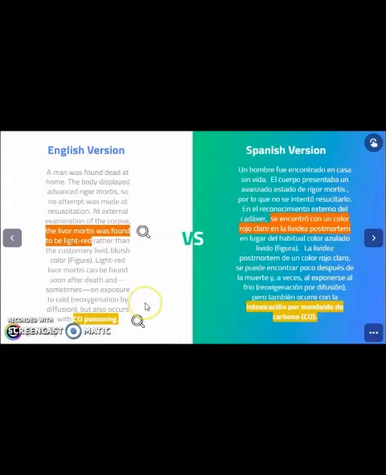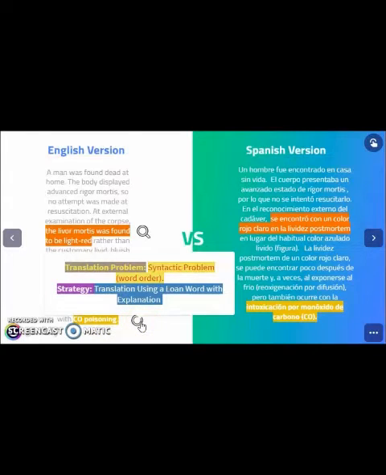Also, the next example: it was the CO poisoning, which had a translation problem of a syntactic problem, word order, and the strategy used was translation using a long word with explanation.